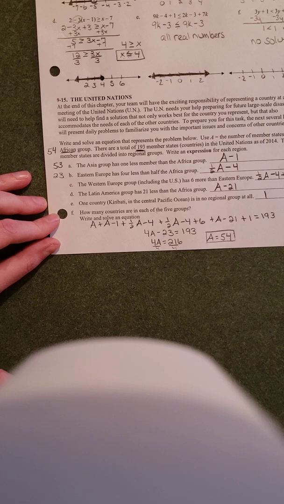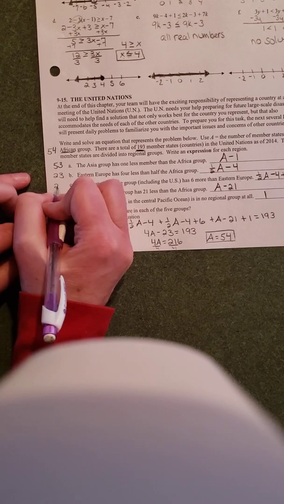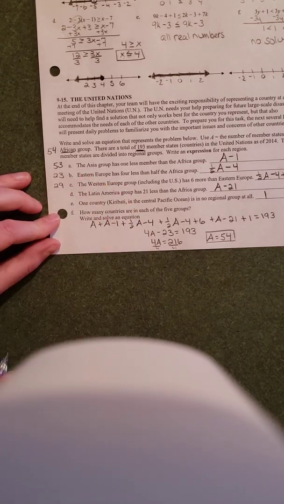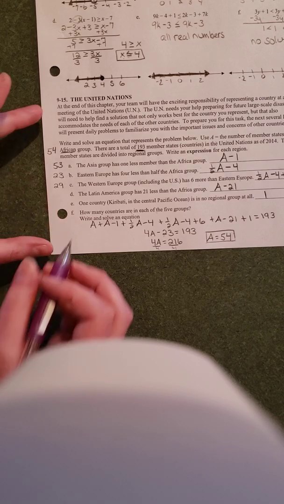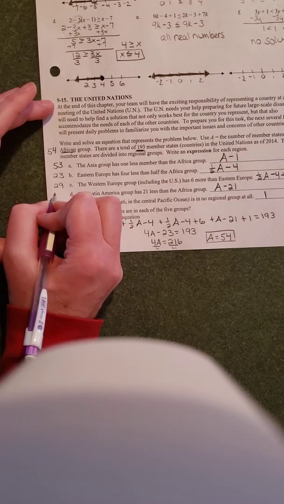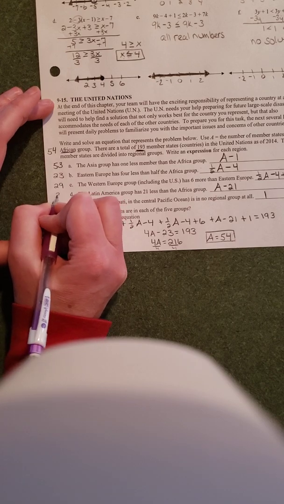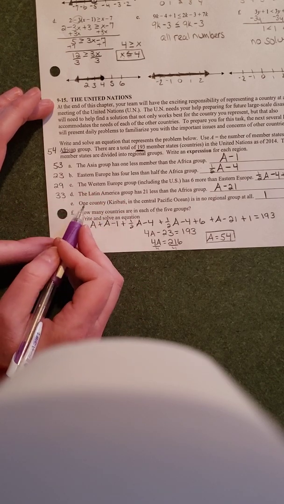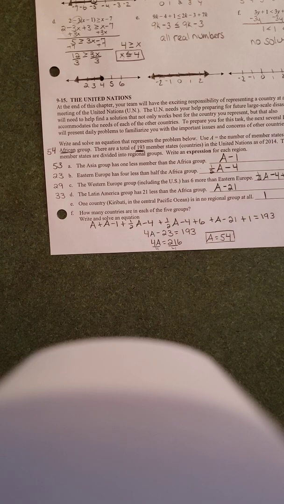The Western Europe group, half of 54 minus 4, and then plus 6 gives us 29. Latin America, we need 21 less than Africa, so 54 minus 21 is 33. And then, of course, we knew that this group only had the 1.